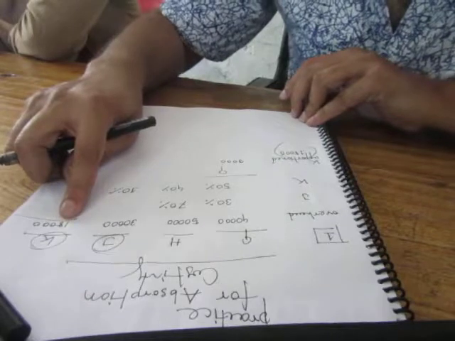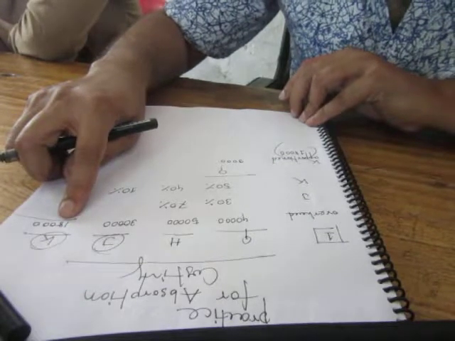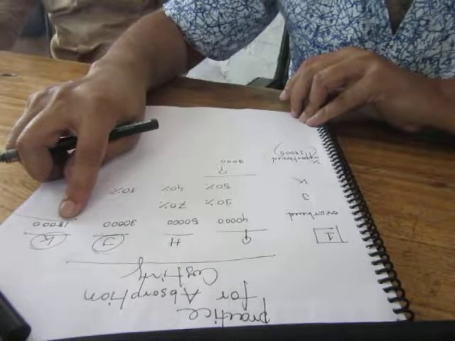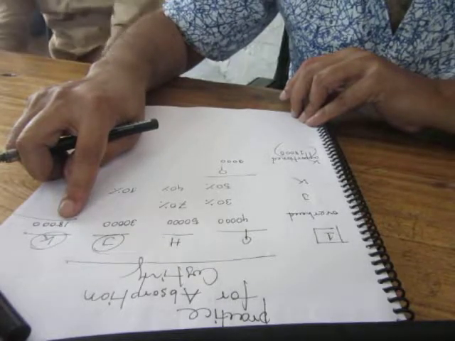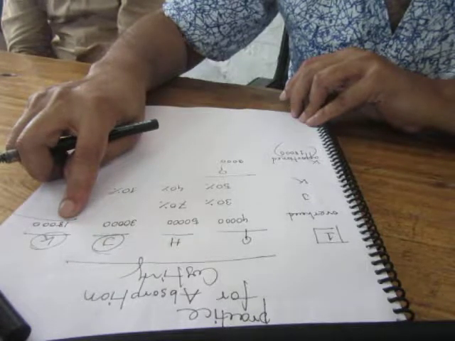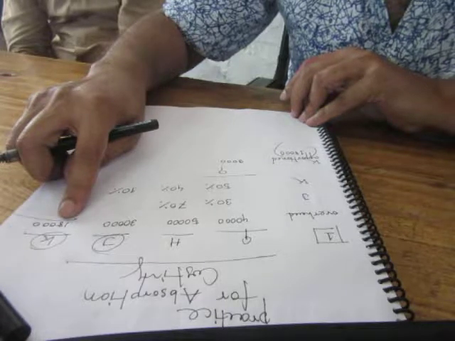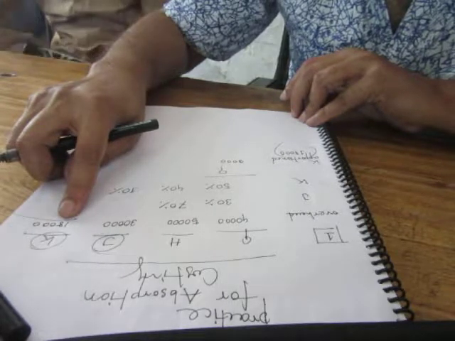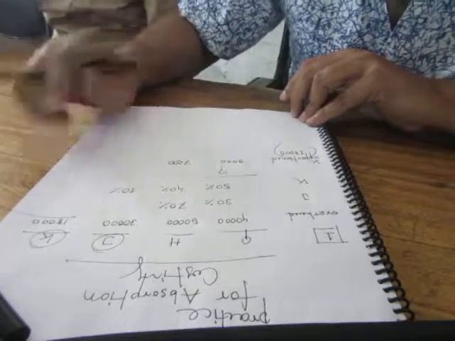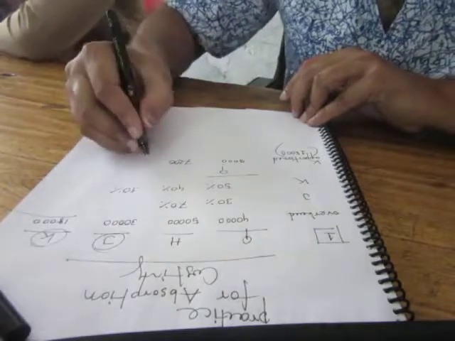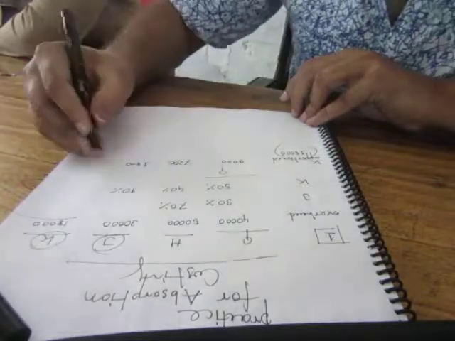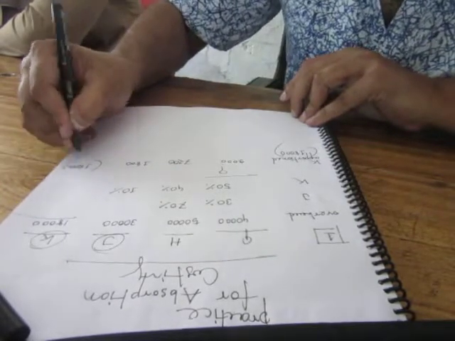What will be the 40% of 18,000? See how much it comes to. 18,000 into 0.4, 7,200, and 10% of 18,000 is this much. So here K becomes 0.